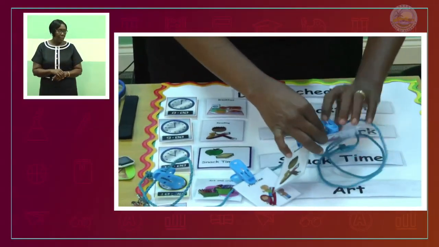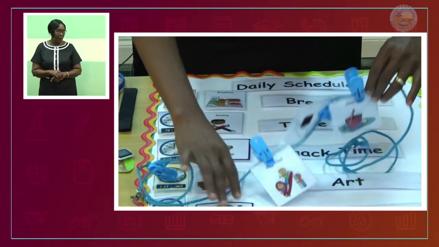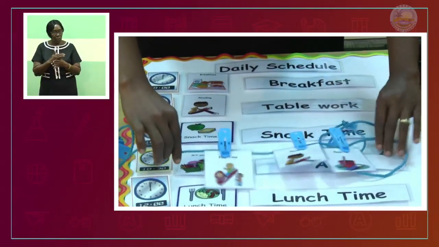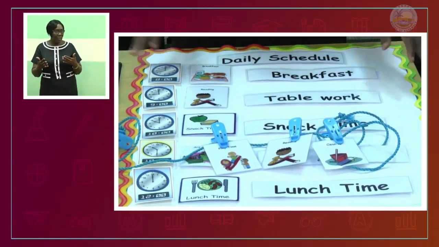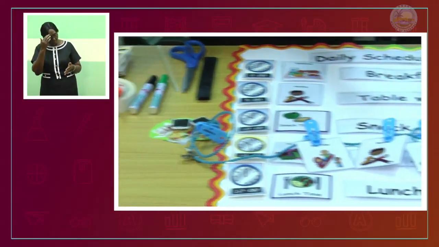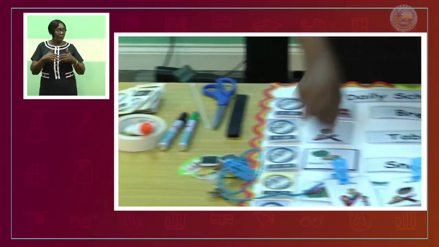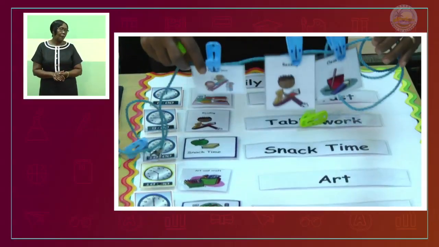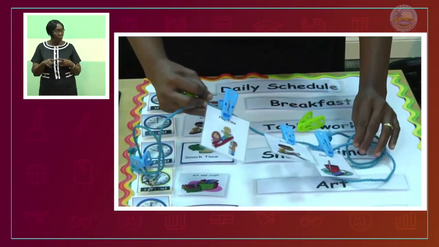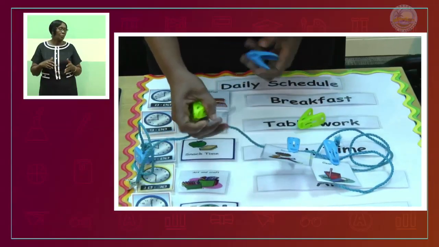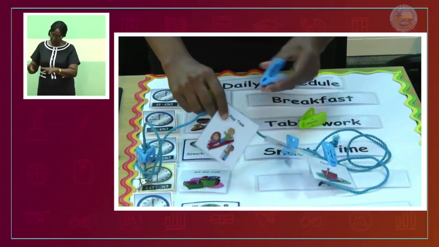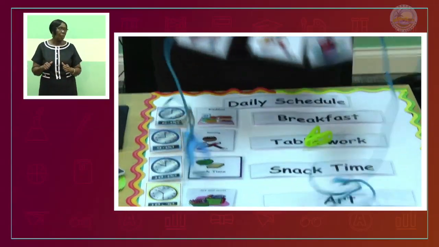All right, and it's just like this. Now let me just share this quickly. So we have all these things here. How do you know that the activity would have been completed? If you have this on the line, when the activity has been completed, you could remove it. All right, so you remove the activity and it tells that it would have been completed.